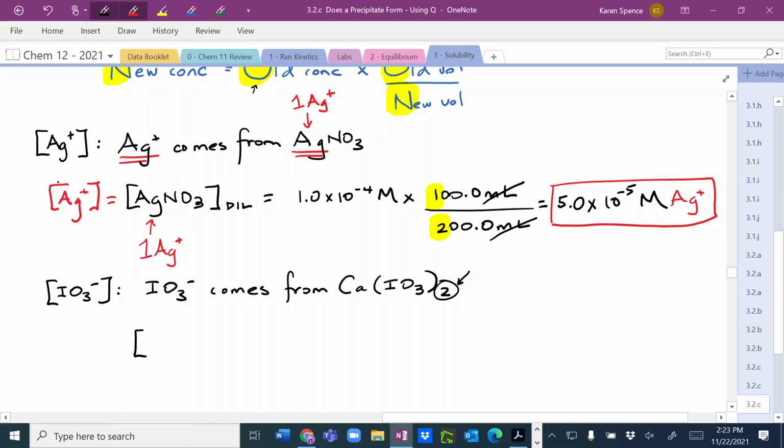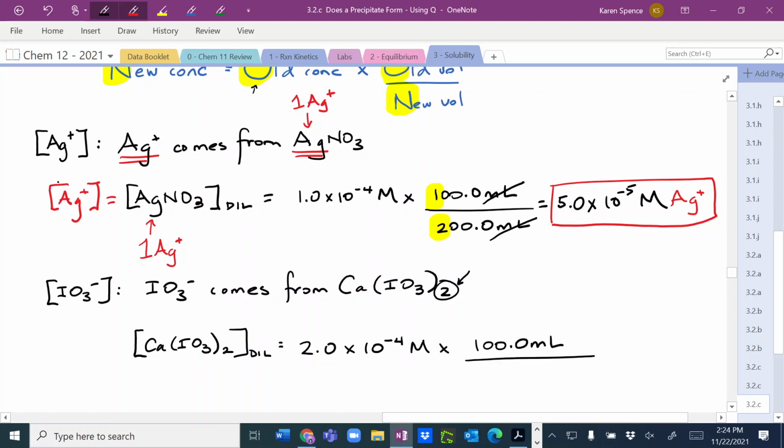So concentration of Ca(IO3)2 diluted is equal to, and I think its original concentration was 2.0 times 10 to the negative 4 molar. It also had an original volume of 100 milliliters.